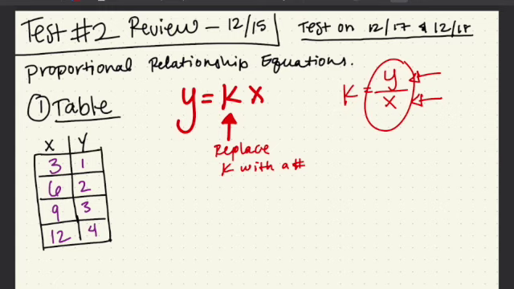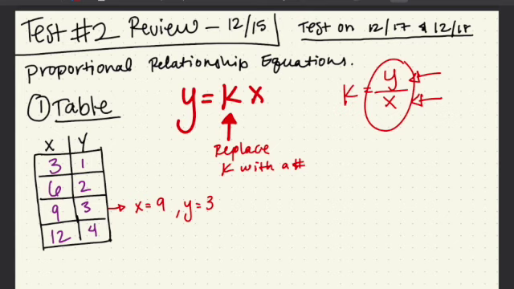Okay, so we can pick any of these pairs of numbers, because we have x and y values for each. We've got 3, 1, 6, 2, 9, 3, and 12, 4. So let's choose this one at random. For this one, our x value is equal to 9, and our y value is equal to 3.